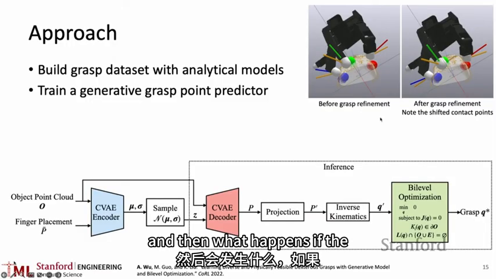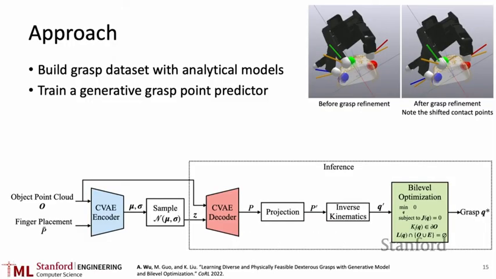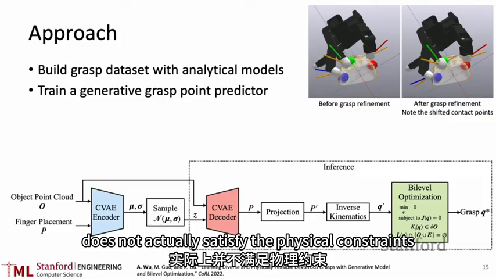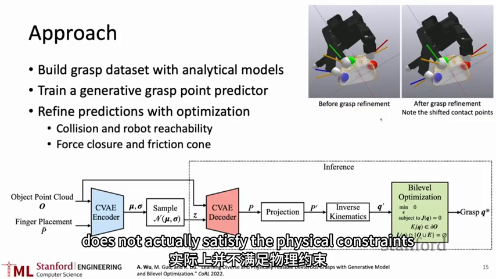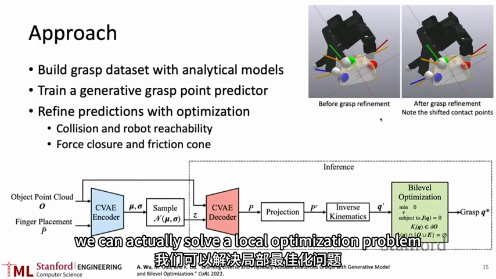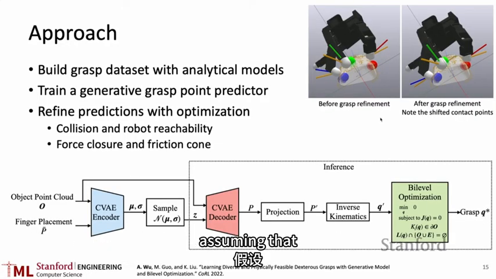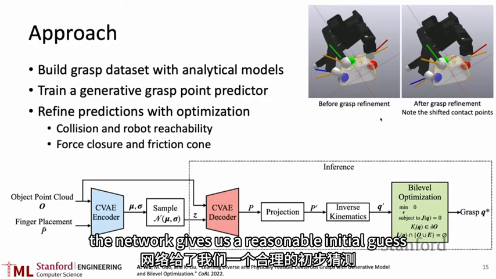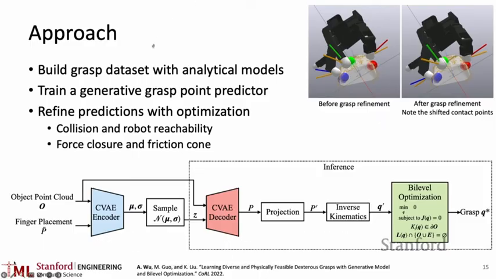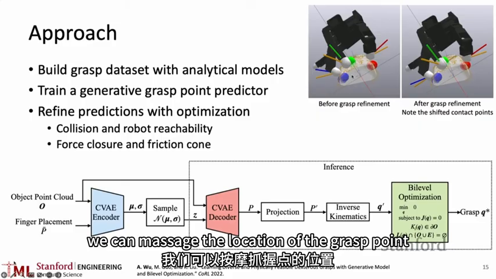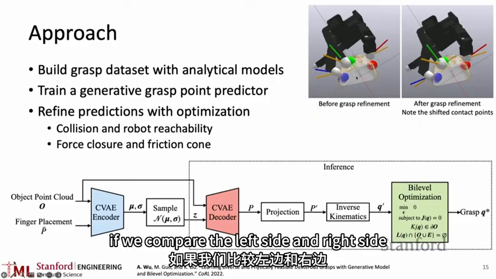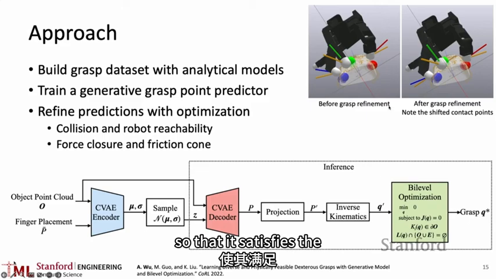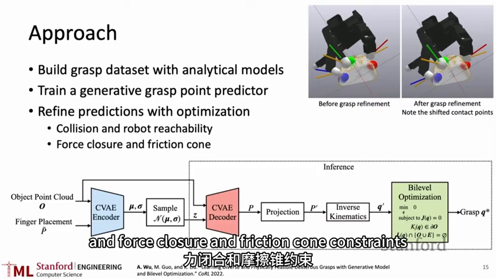And then what happens if the prediction does not actually satisfy the physical constraints? We can solve a local optimization problem, assuming that the network gives us a reasonable initial guess. We can massage the location of the grasp points, if we compare the left side and right side, so that it satisfies the collision, robot reachability, force closure, and friction cone constraints.